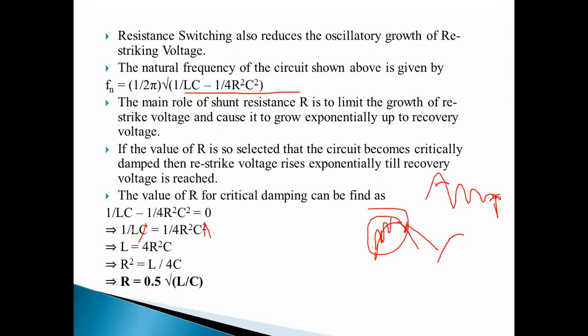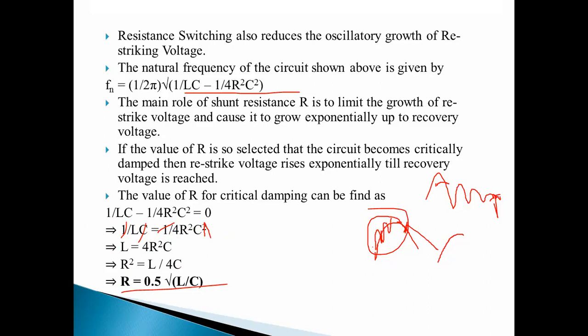So it is 1 divided by L is equal to 1 divided by 4 R square C. If I cancel 1 also here, it will come in the numerator, means L is equal to 4 R square C, right? So R square is equal to L divided by 4C. So we can take the square root and you can find the value of resistance.